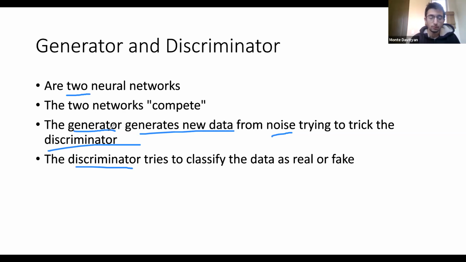Generator generates new data. Discriminator, on the other hand, is a classifier. And it tries to classify if the data is real or fake. It's a classification task for our discriminator neural network.